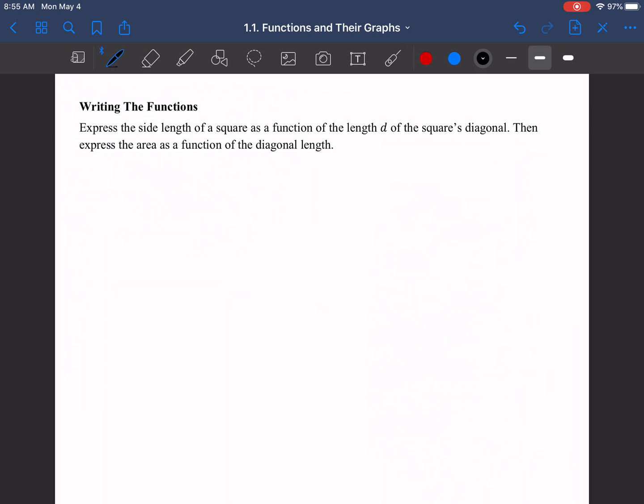So, writing the functions. Express the side length of a square as a function of the length d of the square's diagonal. Then express the area as a function of the diagonal length. So what we have here is a square, and what we're trying to do is look at the diagonal, d, and the side lengths, s.